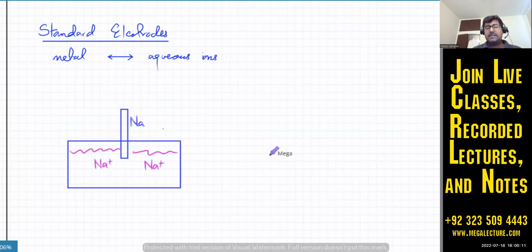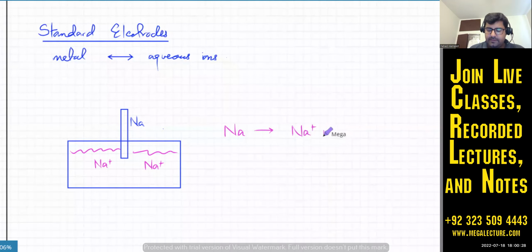Now, in this case, I already know what's going to happen. What will sodium do? Sodium is reactive, and listen to this carefully. Sodium is reactive, so sodium starts to lose electrons. So it starts losing electrons, and a lot of sodium ions are going to be produced.